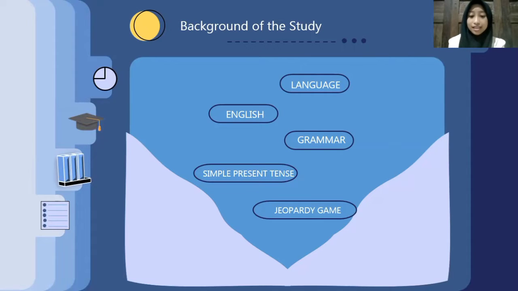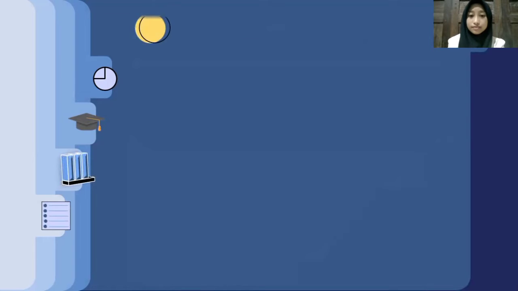So, I try to give a solution by applying a game to help the students in comprehending simple present tense. I choose one of the games which can be used to encourage learning tenses, especially simple present tense, namely Jeopardy game. By using Jeopardy game, the students will get an opportunity to work together as a team and it can stimulate students to participate in the class.